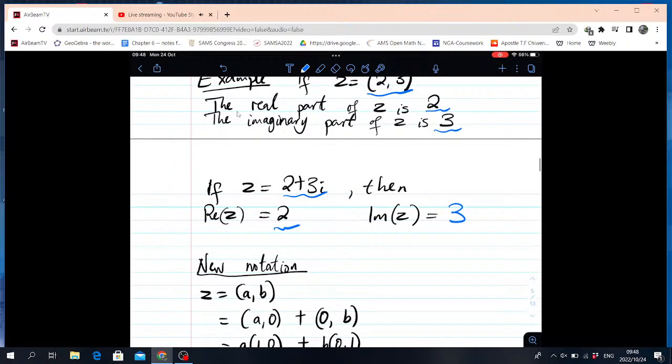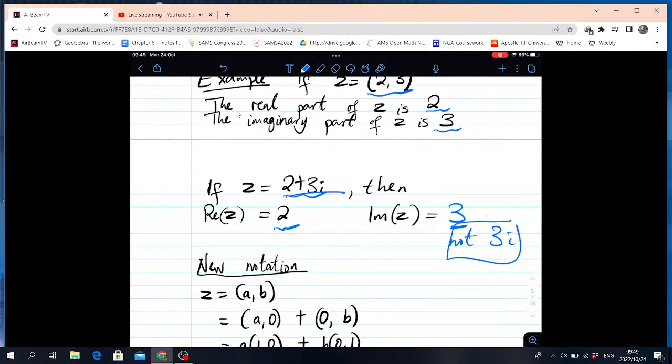Here, let me stress that when you've got a complex number like that, the imaginary part is 3 and not 3i, right? Please take note of that. It's not 3i, it's just 3.